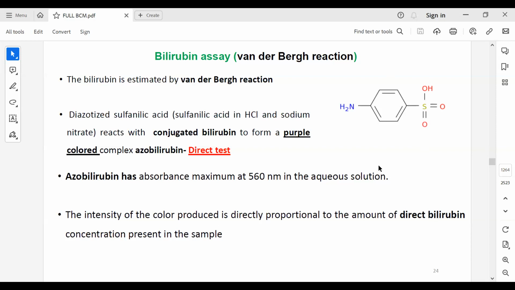Remember that whatever we measure here will give you the measurement of your direct bilirubin, which is the conjugated bilirubin. It is usually taken at 560 nanometers. So you can react your bilirubin with this compound, set the UV spectrophotometer at 560 nanometers, and then check the absorbance. The intensity of the color produced is directly proportional to the amount of direct bilirubin which is there.